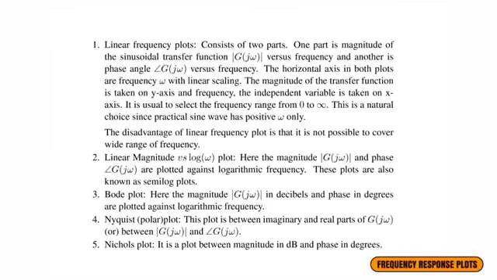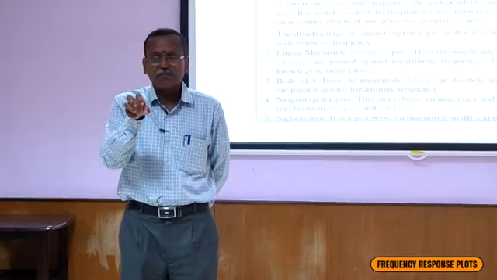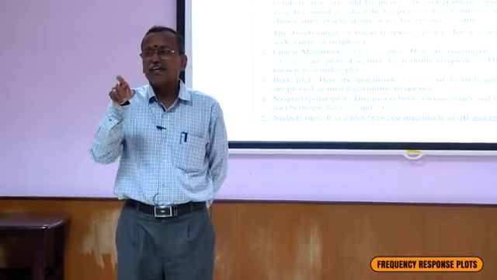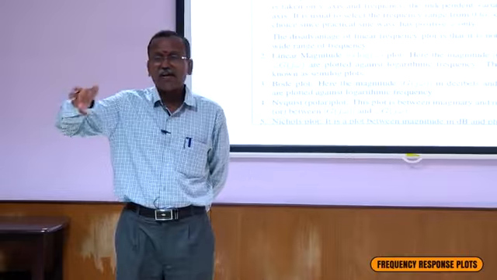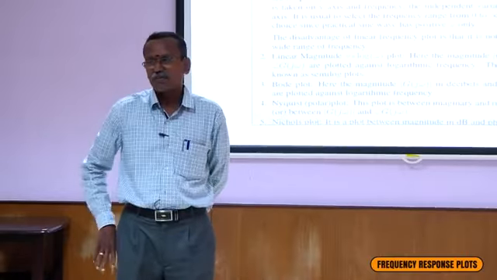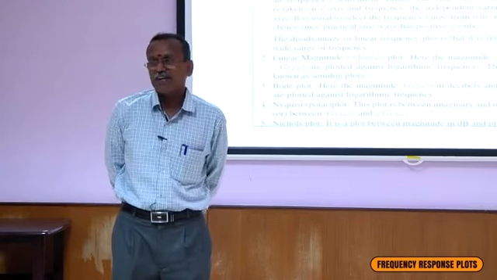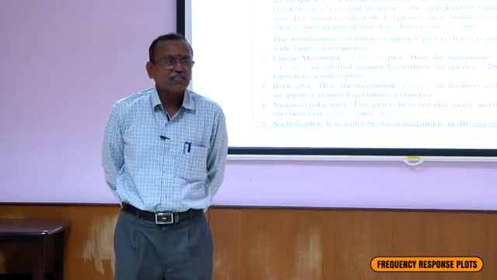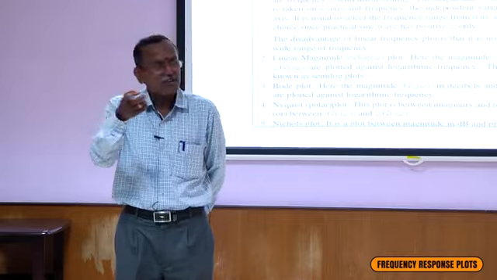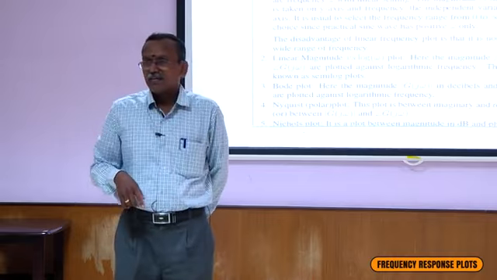What are the ways we can plot these frequency responses? Frequency response is for a system given a sinusoidal input of variable frequency. The output magnitude is measured, and if it is plotted, it is called frequency response. The output response is B(omega) multiplied by sin(omega t plus phi). B(omega) is nothing but the modulus of G(j omega).